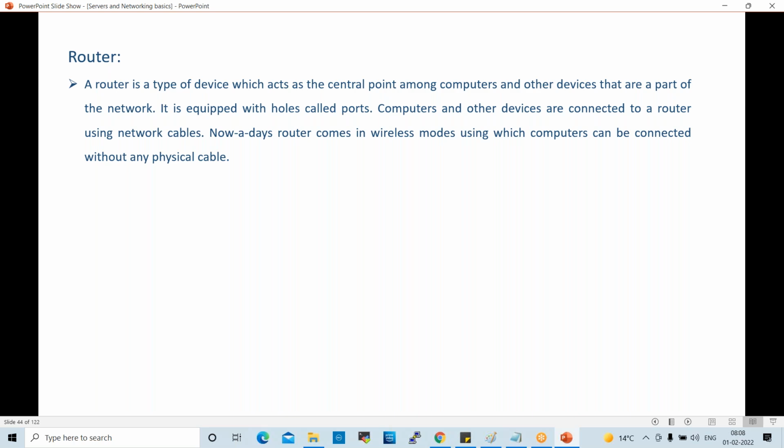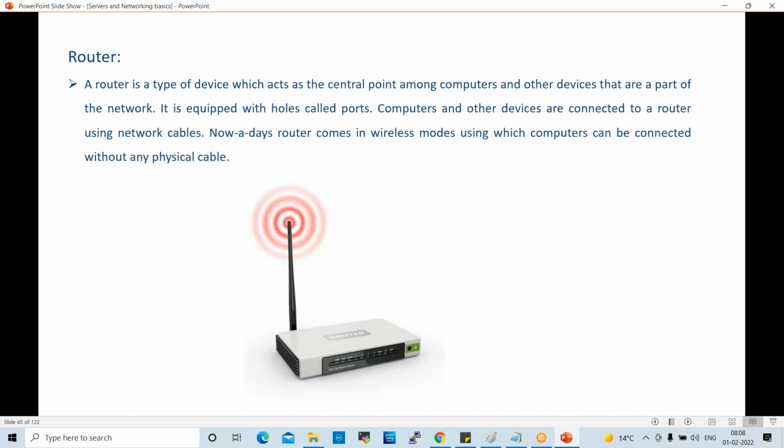Nowadays, routers come in wireless mode, using which computers can be connected without any physical cables, right? So these are the routers, internet routers. Routers can act as a device which will provide you a network. You can connect to the network, or if you want to communicate from one network to another network, you can use network routers, right?